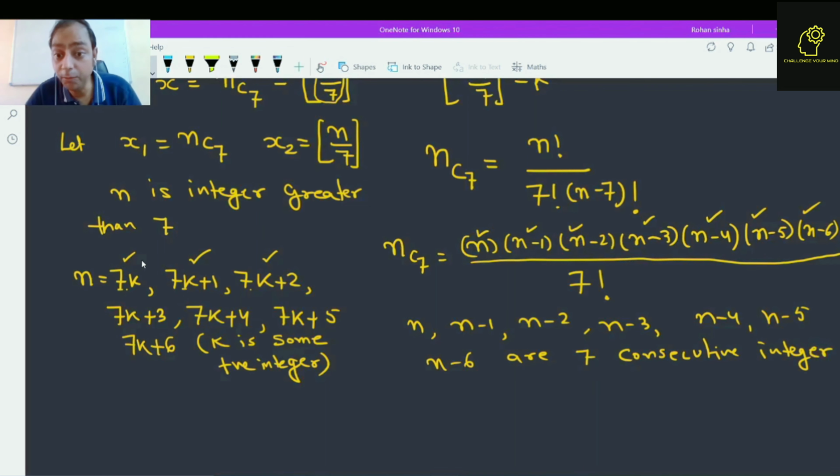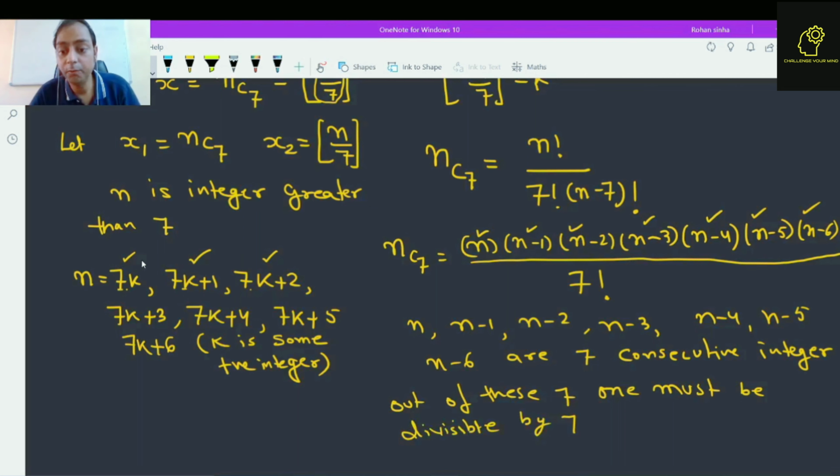Now, if you take 7 consecutive integers, one out of these 7 must be divisible by 7. So what can we say? Out of these 7 integers, one integer must be divisible by 7.